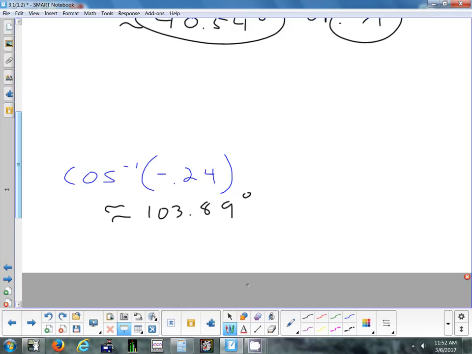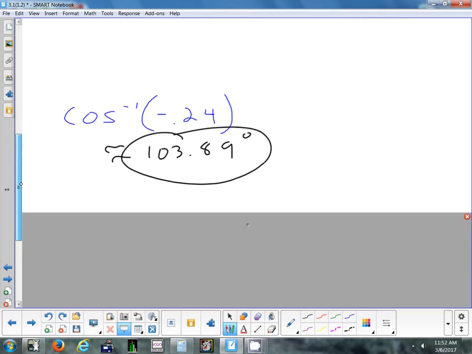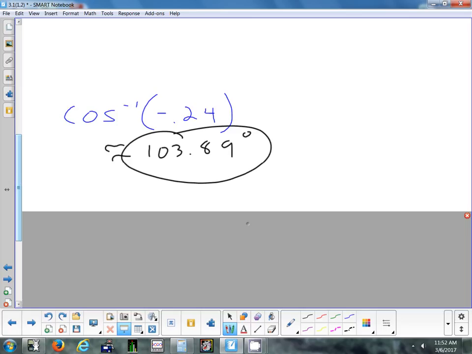Anybody else get 103.89? Did you do it in degrees, I'm guessing? Okay, so that's why I put my degree symbol. If you're getting all these wrong, it's probably something simple with the buttons on your calculator. Make sure you either figure it out or come ask me and I'll try to help you, but every calculator is different.